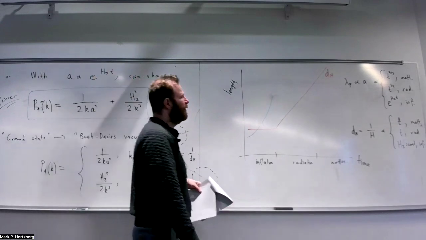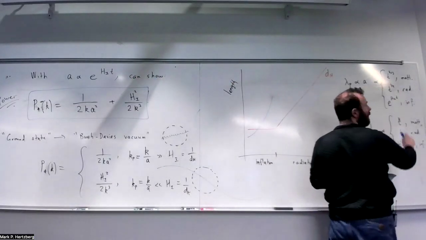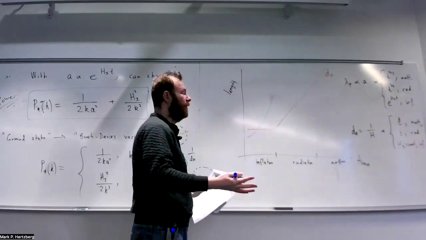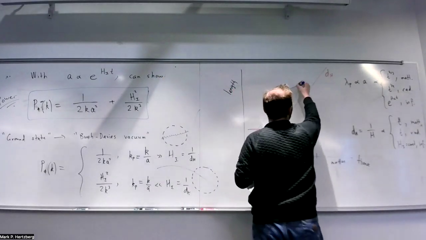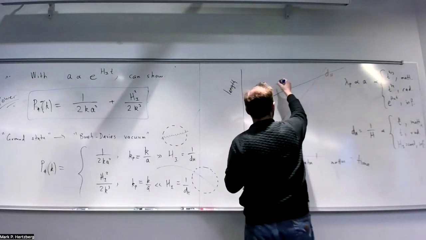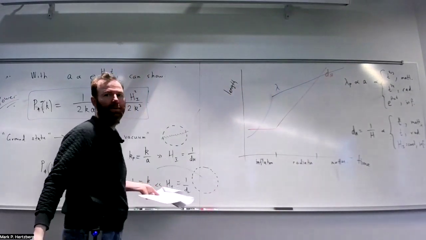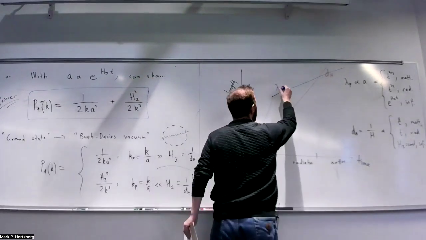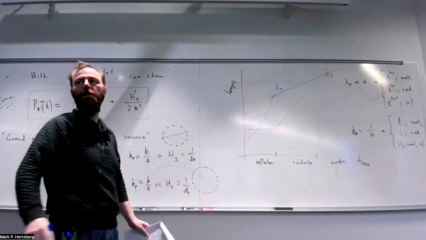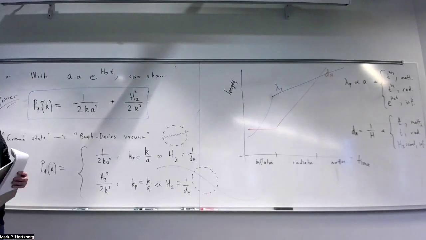And then it grows as a power law, but a slow power, t to the 1/2 or t to the 2/3, so it's going to go like this. So this is some particular mode of interest, a physical wavelength. All the wavelengths are going to have this type of behavior.